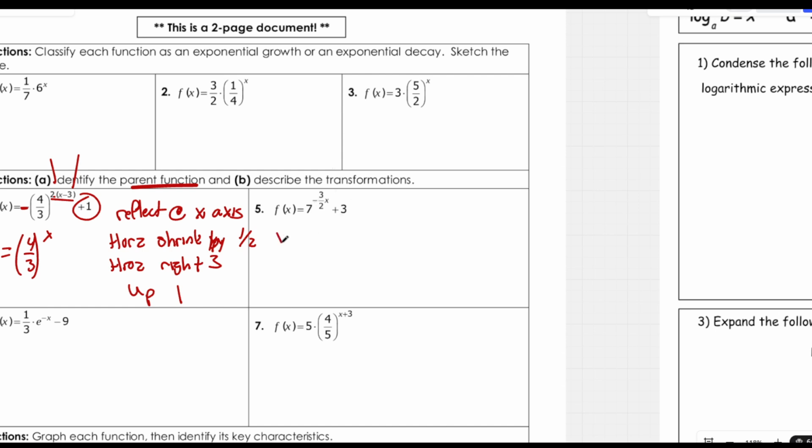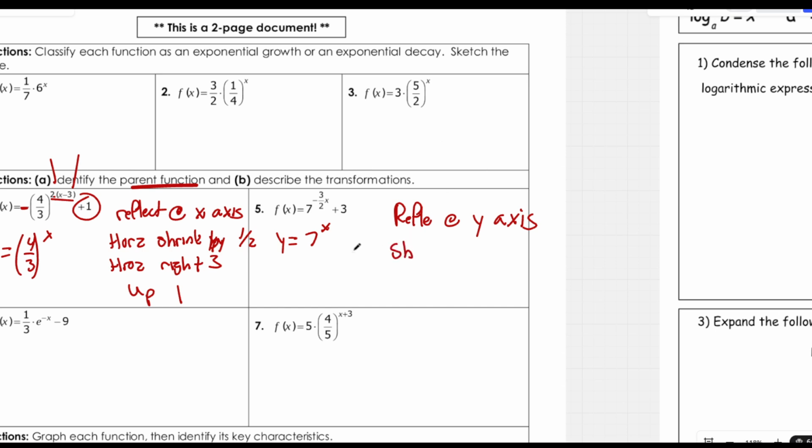Let's see, this one, parent function is 7 to the x. It's got a negative, so it's got a reflection across the y-axis, which is like a horizontal flip. This number 3/2 is bigger than 1, so it seemed to be a stretch.